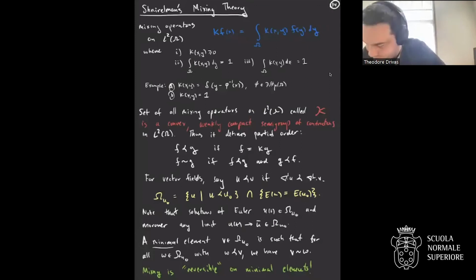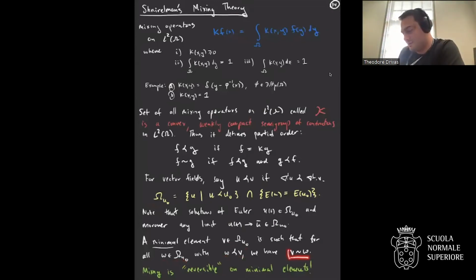And then he introduces a notion, vector field, which he calls a minimal element. And those are just the vector fields in this orbit such that if you have something else, which is a mixing of it, then they're the same in the sense I mentioned before. Then it is itself a mixing of the minimal one.